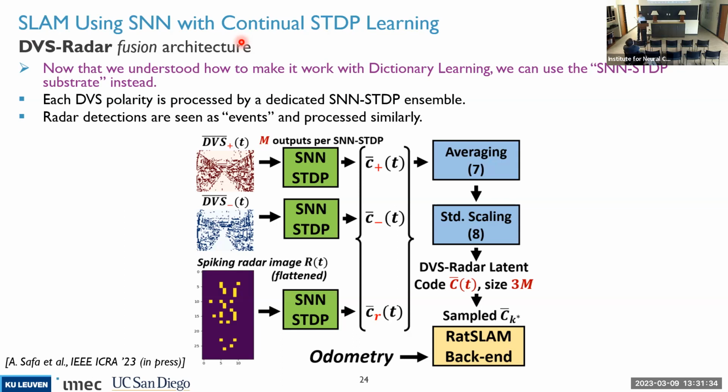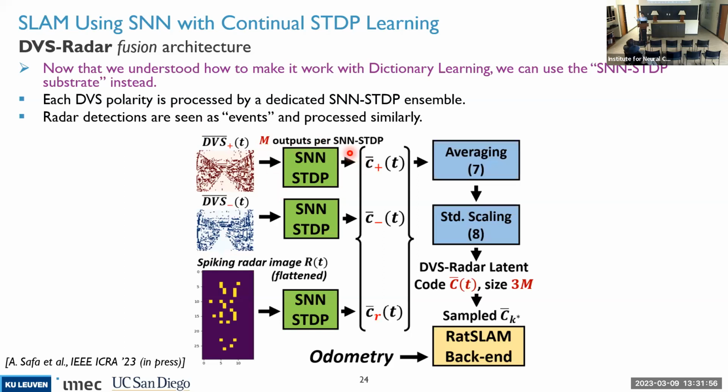It's a substrate for the dictionary learning problem. We'll use that together with two data sources. Event-based camera data, so DVS data. We have the positive polarity and the negative polarity. Each polarity is assigned its own SNN STDP ensemble.